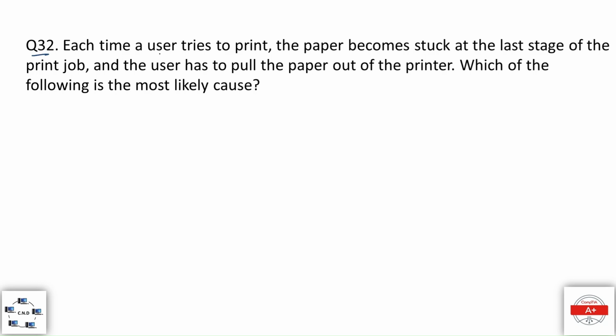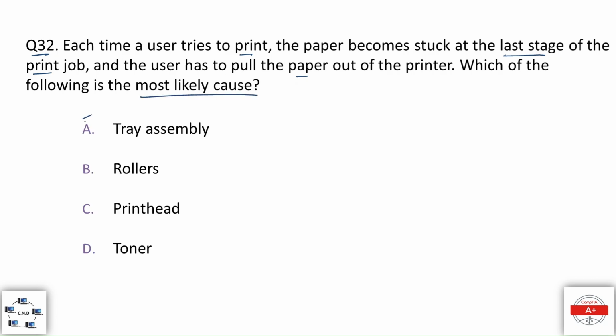Question number 32. Each time a user tries to print, the paper becomes stuck at the last stage of the print job and the user has to pull the paper out of the printer. Which of the following is the most likely cause? And the options are: option A, tray assembly; option B, rollers; option C, print head; and option D, toner.